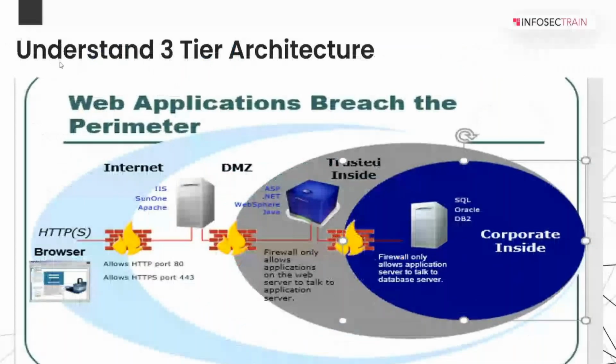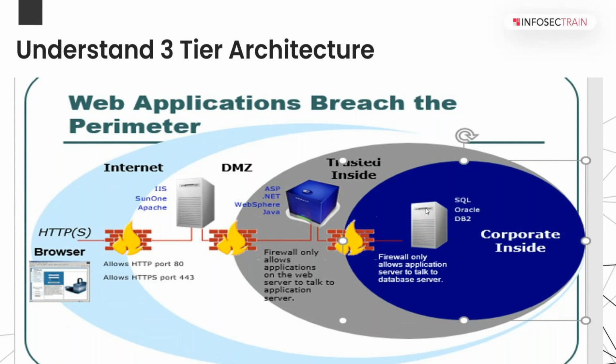So this is the same diagram. If you see, this is a browser that tries to communicate through the firewall with the internal network, and there is a DMZ, and that DMZ basically hosts different servers. Like if you see here, there is one more firewall, and this database server is basically behind that firewall, right? So it depends where they want to store it, on the DMZ, or on the corporate private network, where as I mentioned there is a second firewall behind.